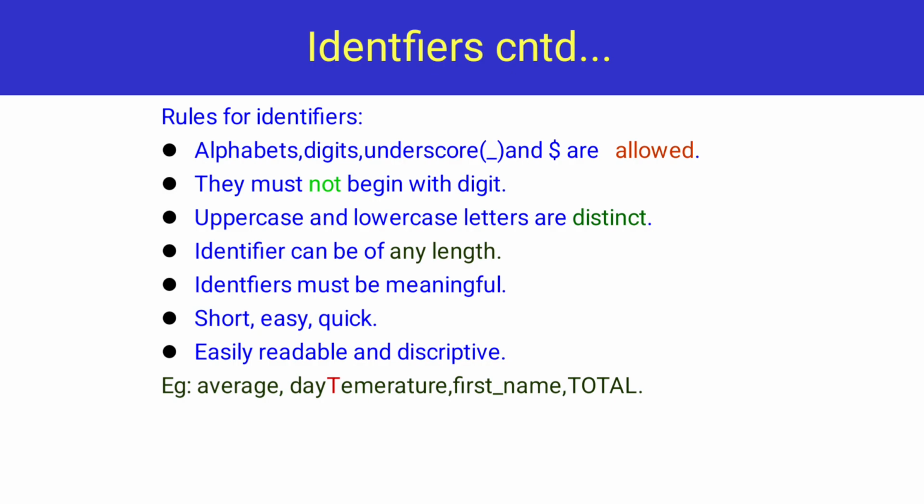The total number of keywords we learned is 53 in Java. Those keywords are not part of identifiers, because an identifier cannot take any kind of keyword. This is the main rule. For example, if you use import as an identifier, then it is an invalid identifier. Some valid identifier examples are average, date, temperature, firstName, and total.